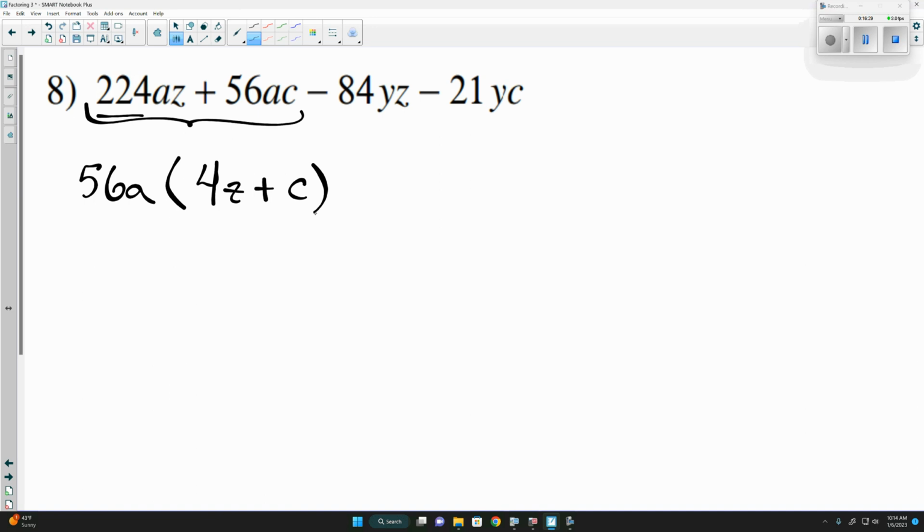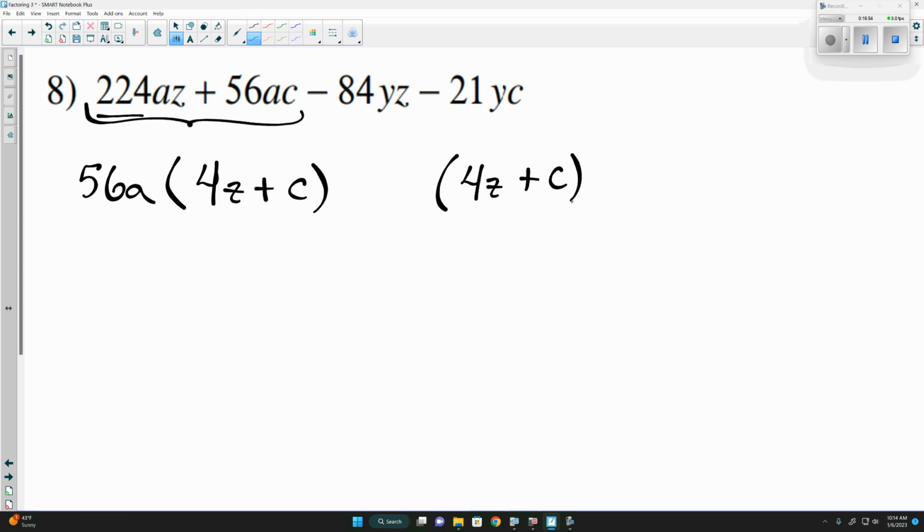So this is helpful because we know over here, for us to use factoring by grouping, or greatest common factor twice, the other set of parentheses needs to be 4z plus c. Yes. To where it doesn't work out?